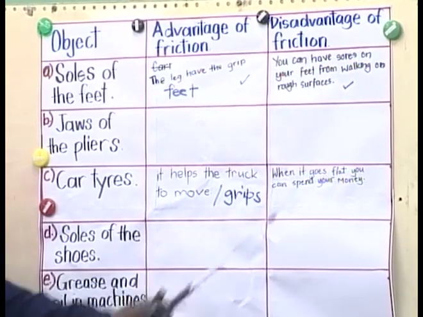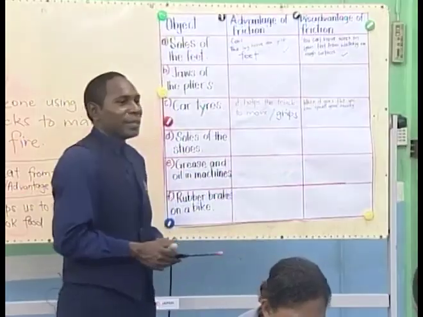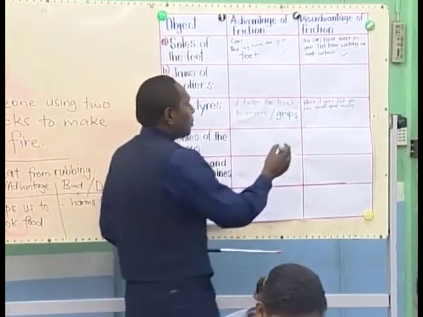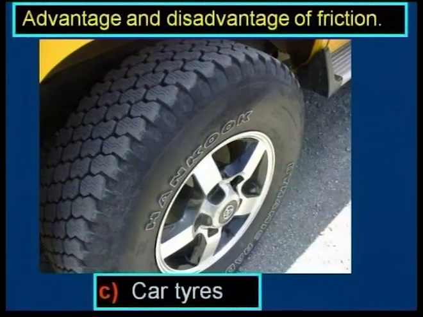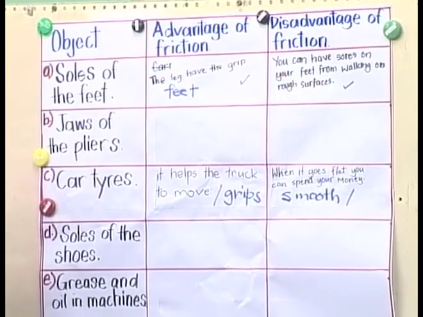Now the disadvantage is when it goes flat, you spend your money. Apart from that, if the tire is smooth, it can slide off the road and cause an accident.